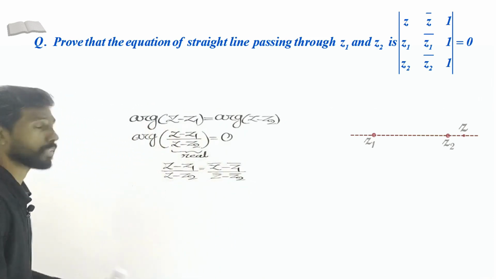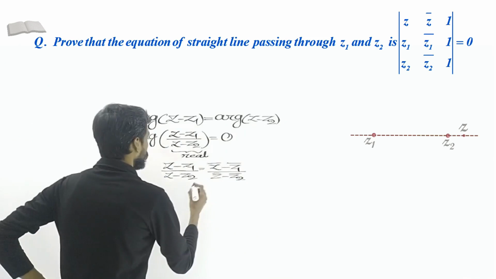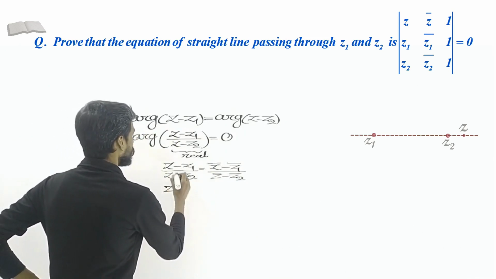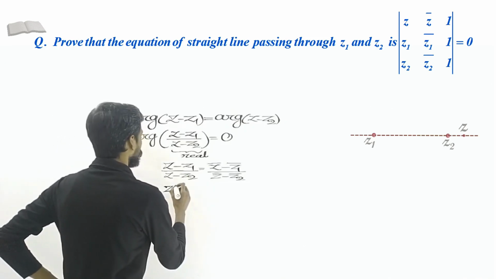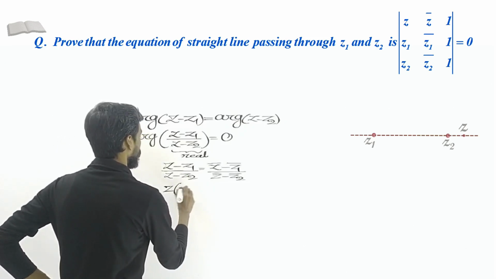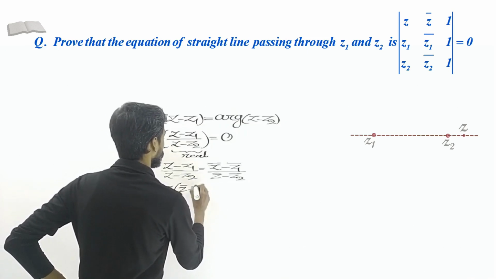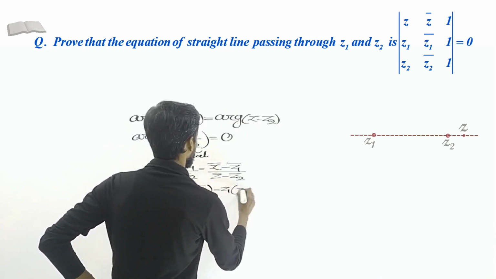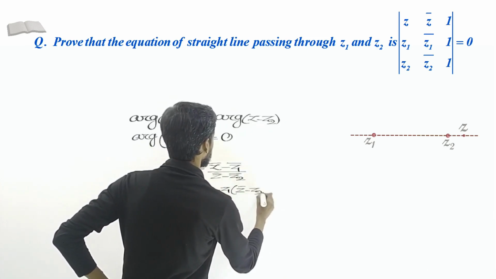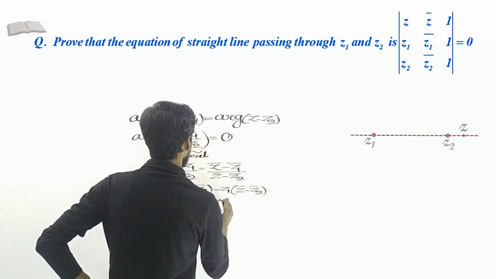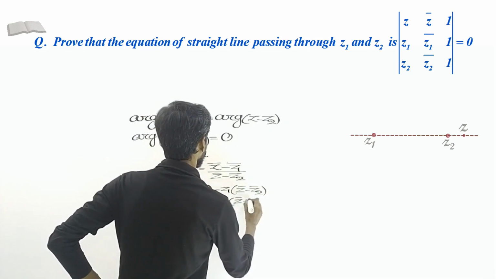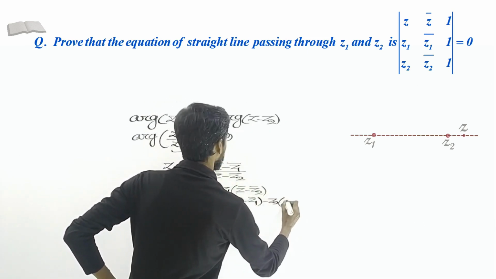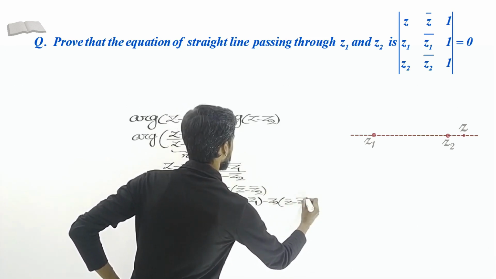Let us simplify this. Cross-multiplying, z multiplied by (z bar minus z2 bar) minus z1 multiplied by (z bar minus z2 bar) equals z multiplied by (z bar minus z1 bar) minus z2 multiplied by (z bar minus z1 bar).